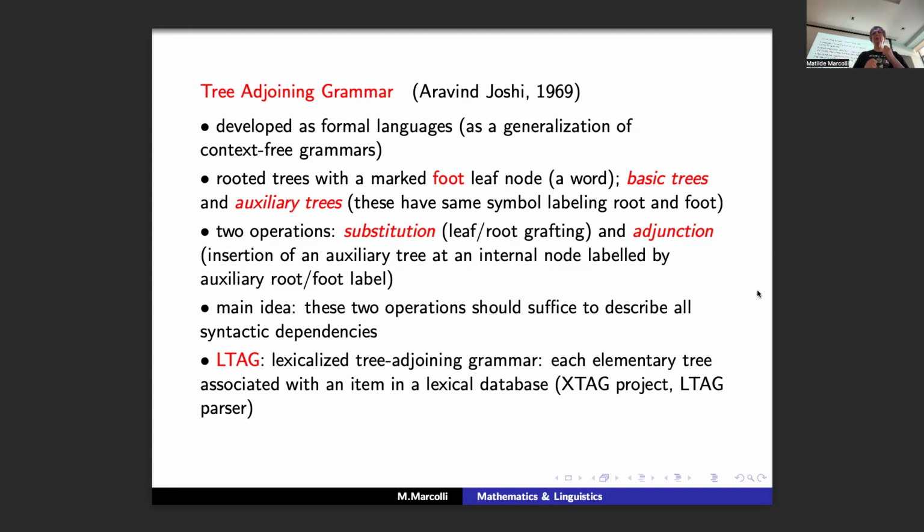The moves you can make to generate structures with these building blocks: one of them is the typical operad composition, where you have a tree and you plug the root of another tree into one of the leaves of your given tree, with matching labels. But you also have another kind of operation, which takes an internal vertex of the tree that has a certain label, and uses one of these auxiliary trees that have the same label at the root and at one of the leaves, and expands that node to plug in an entire tree. It splits that node into two, with the same label, and plugs in this other tree with the root and one of the leaves labeled in the same way.